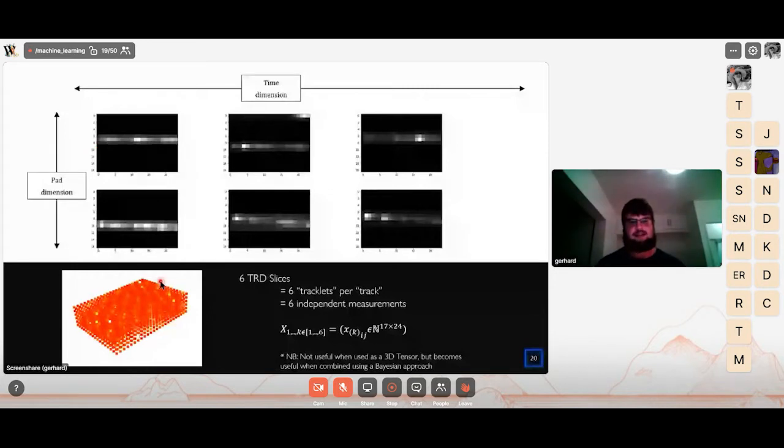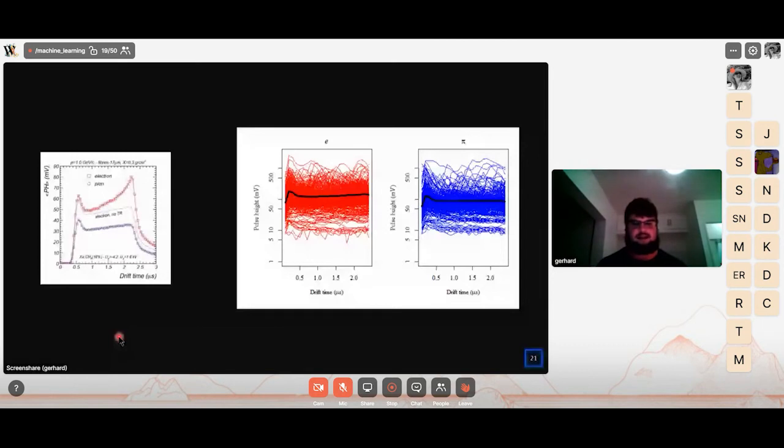If you integrate over this time bin, you find the total charge deposited at that point in space. This information is quite useful if you want to do particle identification using a Bayesian approach. It's not really useful if you want to combine it as a single tensor with 6 channels. I tried that, it didn't work well at all, but if you use a Bayesian approach, it works quite well.